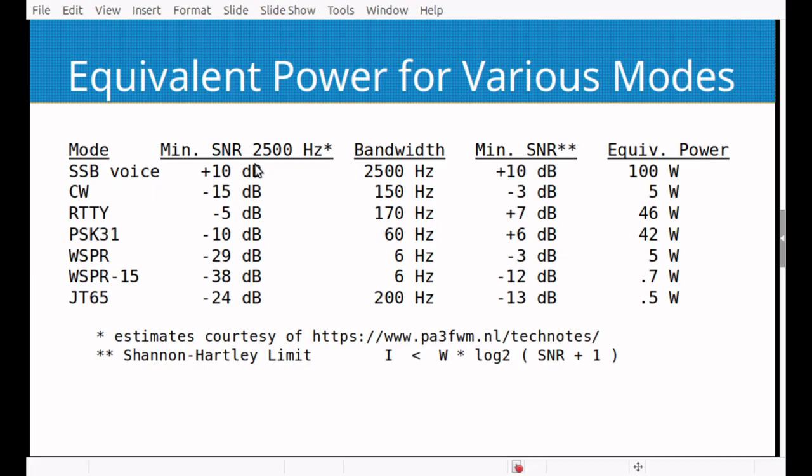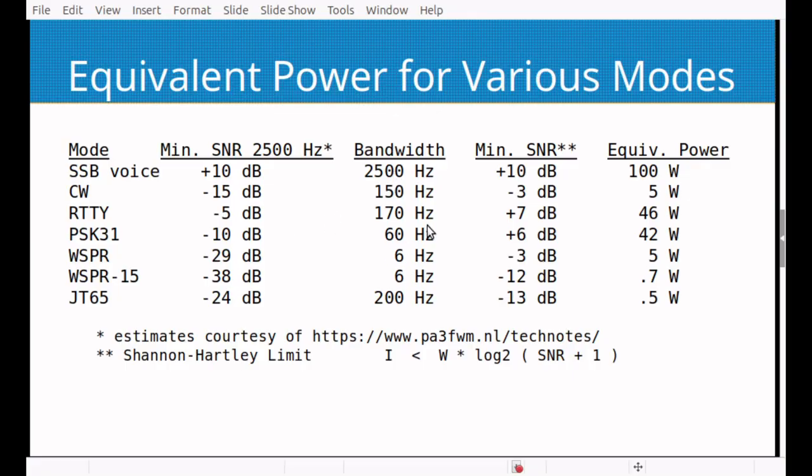And this is certainly subject to discussion, because CW, for example, if you're transmitting at 5 words per minute, you're going to require a much lower signal-noise ratio than if you're transmitting at 30 or 40 words per minute. You would need a much higher minimum signal-noise ratio.